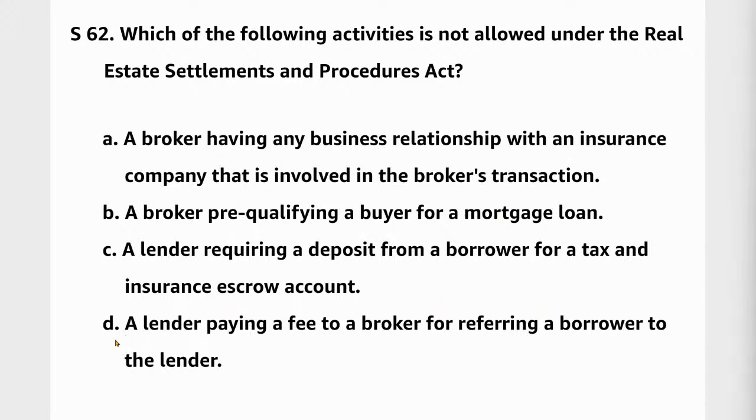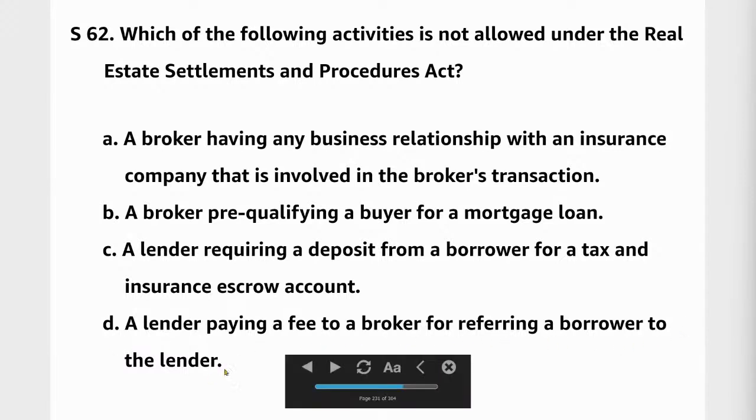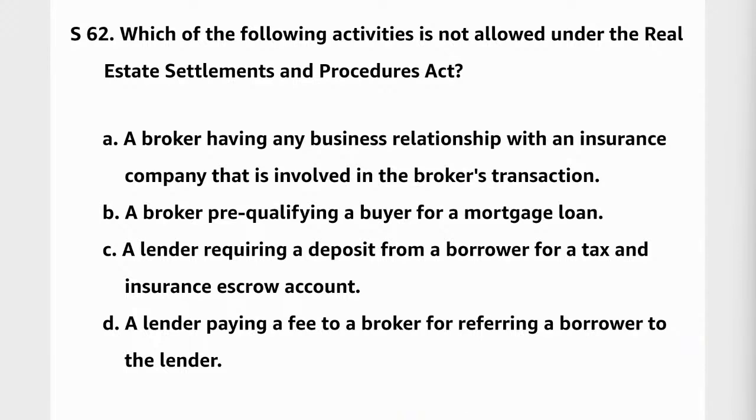The answer is D, a lender paying a fee to a broker for referring a broker to the lender. Okay, so that is a no. They might be able to provide a gift just like we provide a gift for a referral, right? A $50 gift, but not paying a fee.